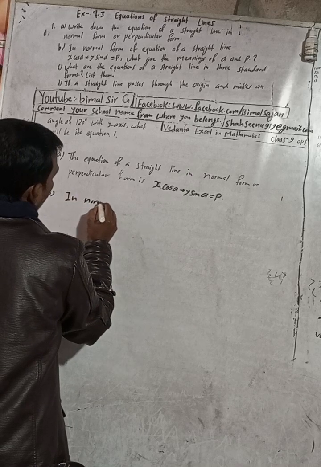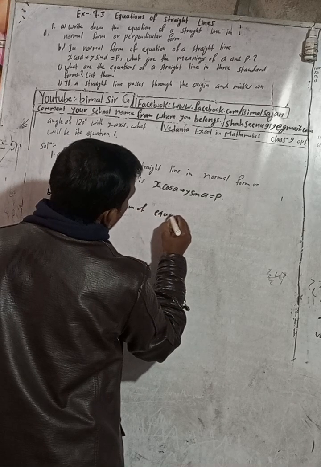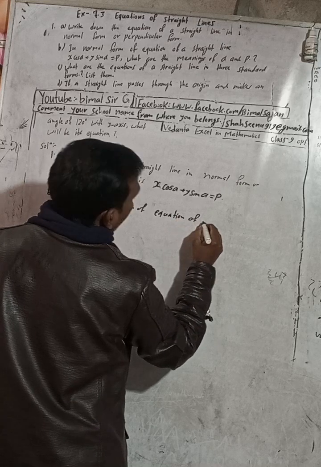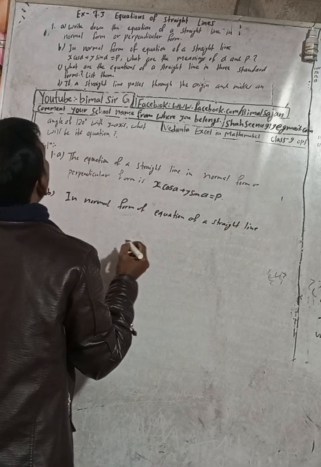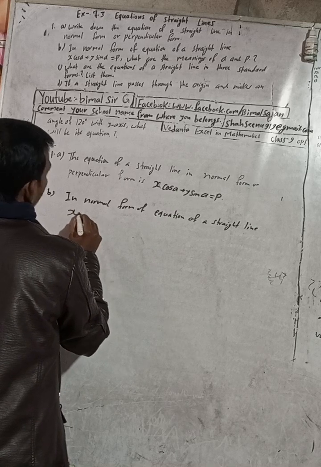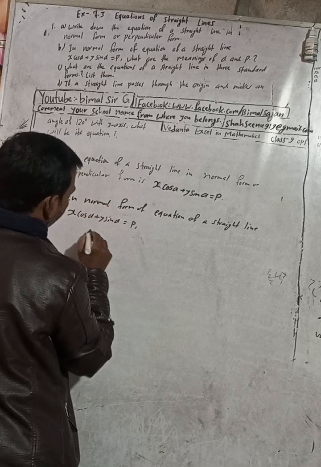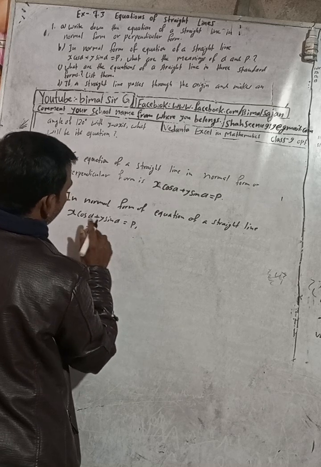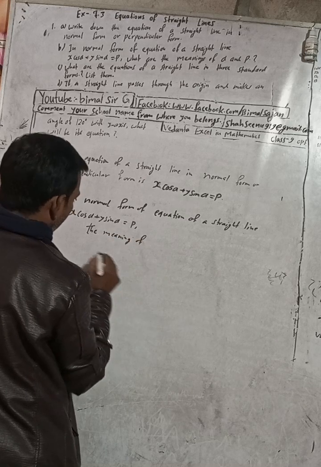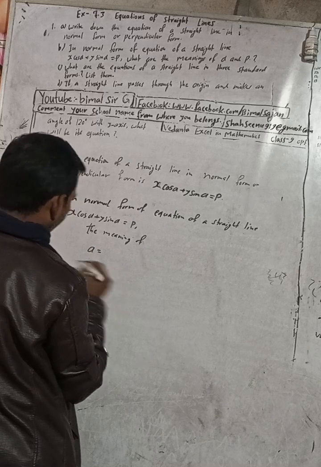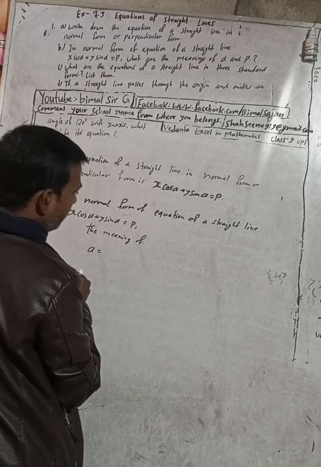In the normal form of the equation of a straight line, x cos alpha plus y sin alpha is equal to p, the meaning of alpha is the angle of inclination, or the angle made by the perpendicular with the x axis.